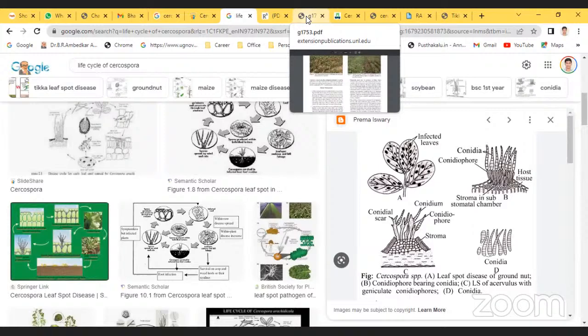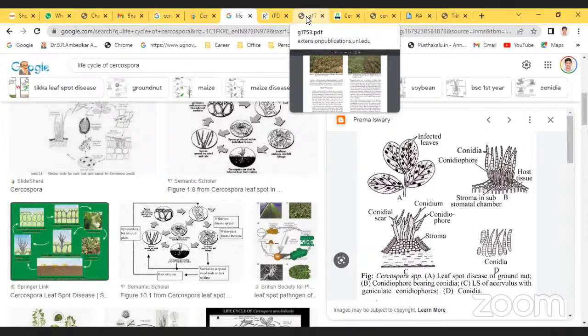Again, it mostly enters the cereals. Yes, it is mostly in the cereals and some of the pulses, oil seeds. After detaching from the conidiophore, these conidia, for example, will go into the groundnut seed. It is dormant, a dormant period.